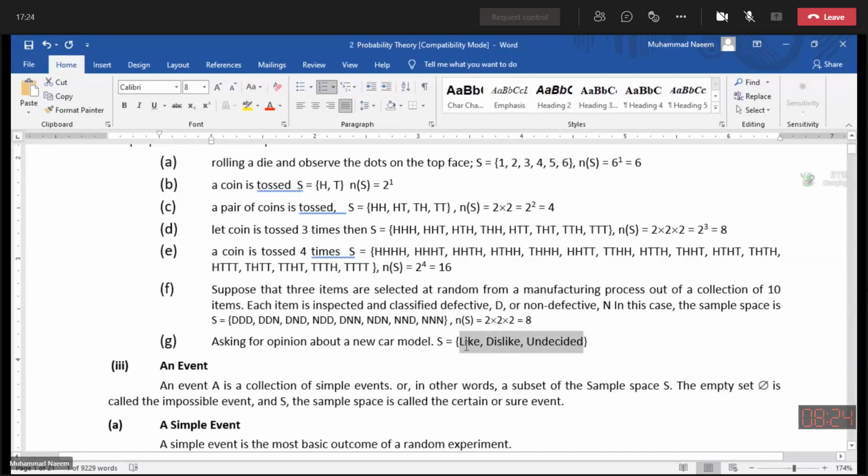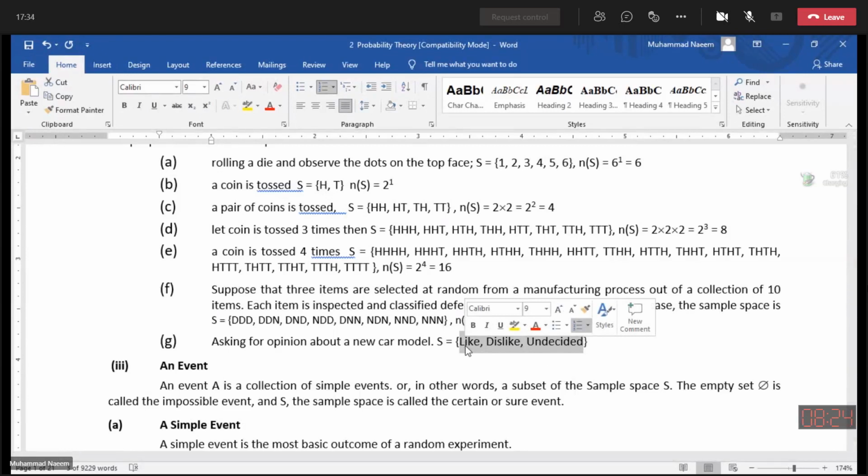Sometimes we have responses like this, for a car model, or for example for any food product, how people respond: good, very good, nice, excellent, not bad. So these are also responses.